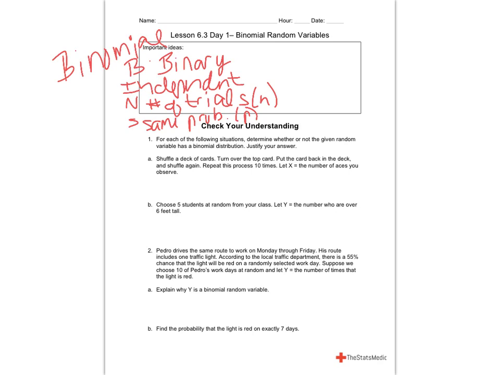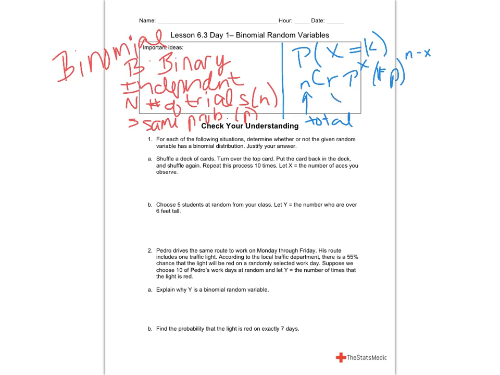Okay, when we're doing the problem, remember this looks like the probability of X equals K. And so what that ends up looking like in your calculator is nCr, P to the X times (1 minus P) to the N minus X. Okay, so again, looking at that, N is our total.